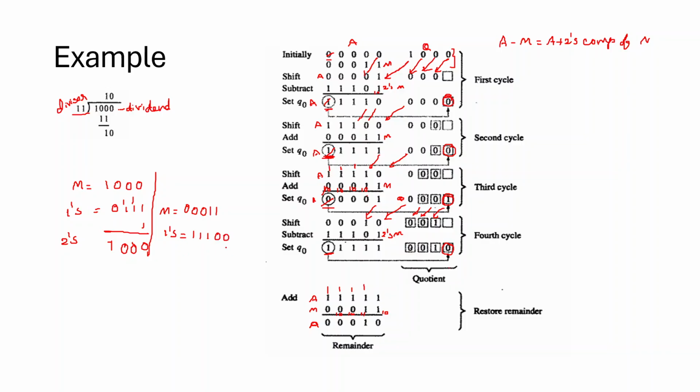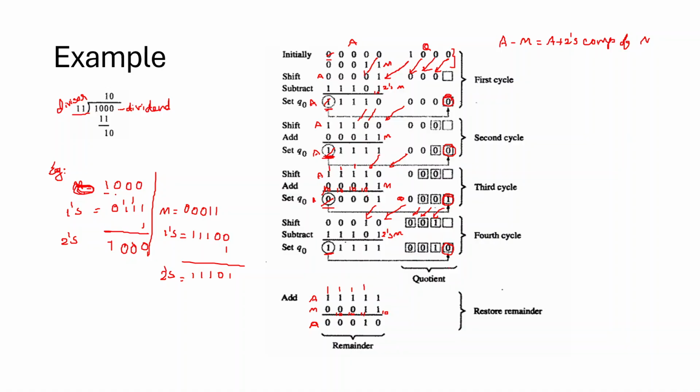Then you add 1 in the LSB to calculate the 2's complement, 11101. That is the 2's complement of M. So this is the way of calculating it. The earlier value is not M, but you can take it as an example for converting a binary number into its 2's complement value.